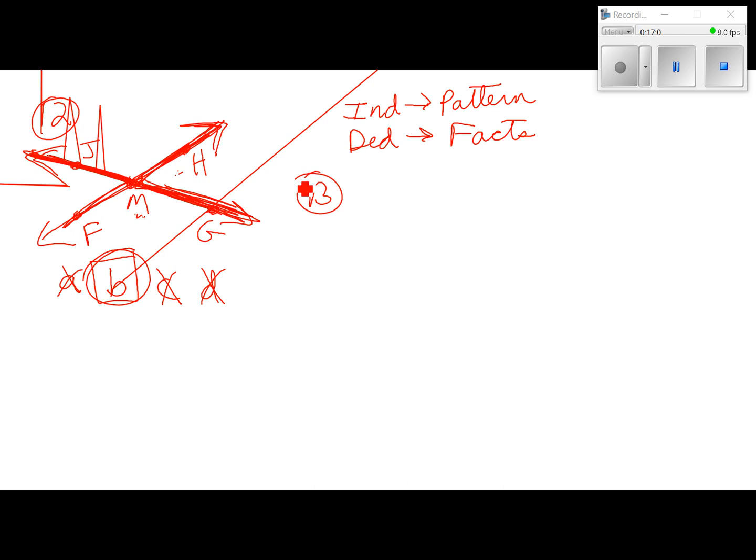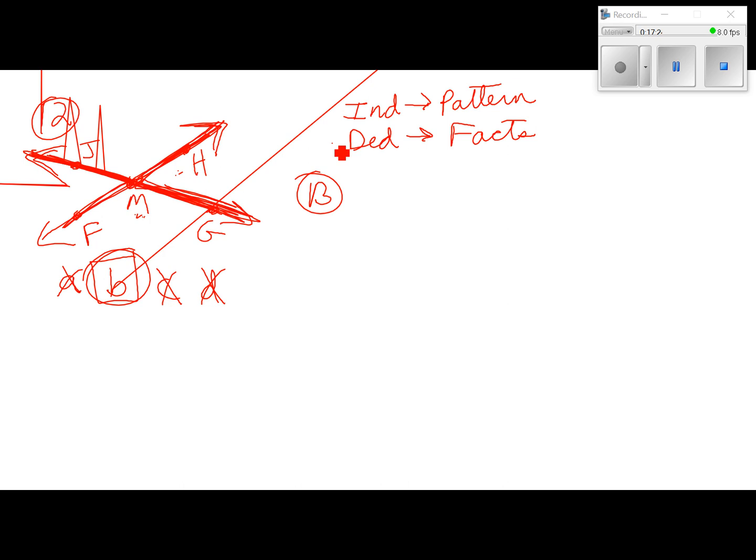So 13 says, all angles that measure between 0 and 90 degrees. Already, I know that we're using some kind of fact because we're talking about between 0 and 90 degrees. So we're probably using deductive reasoning. Let's finish reading it just to make sure.